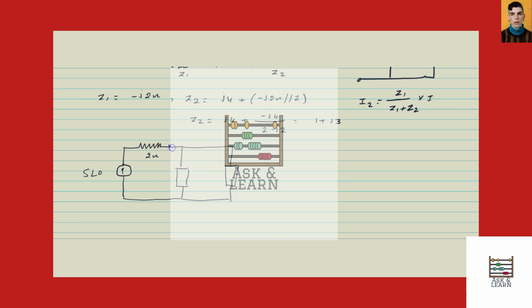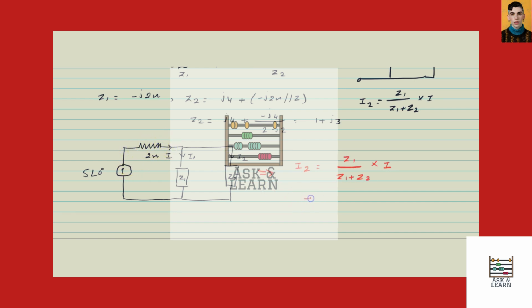This is the current I, which has the value of 5 angle 0 degree. This is Z1, this is Z2, current I1, current I2. So first we have to calculate the value of current I2. Then we further extend this circuit. So current I2 is Z1 upon Z1 plus Z2 times total current I. The current in the 2 ohm resistance is the same because it is connected in series.